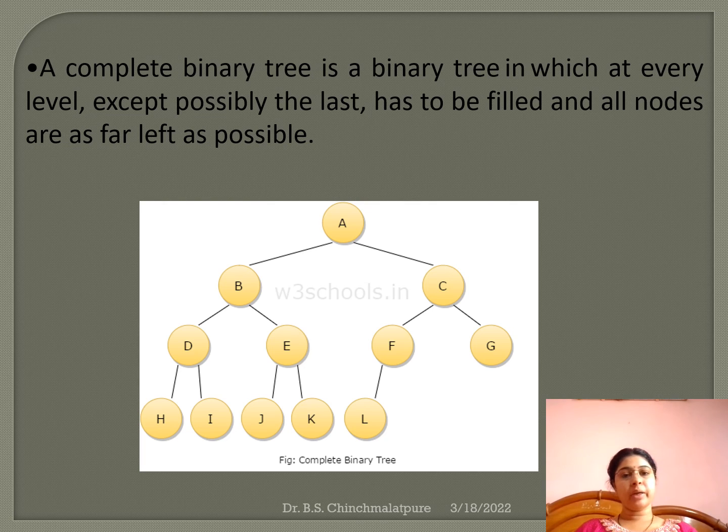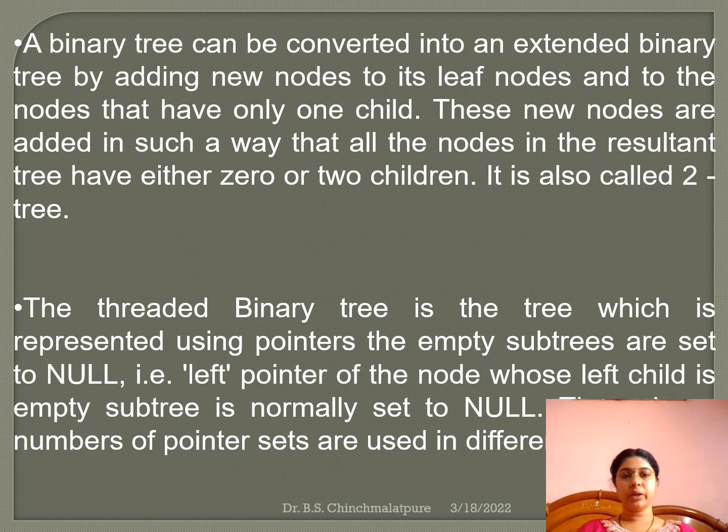Why is it complete? Because if we see this tree, at every level we have two child nodes and subchildren and so on. So that is a complete binary tree.